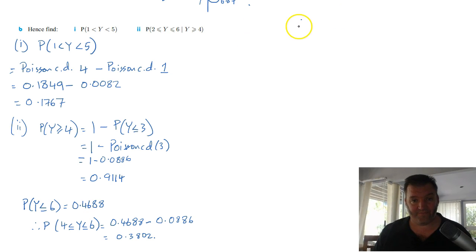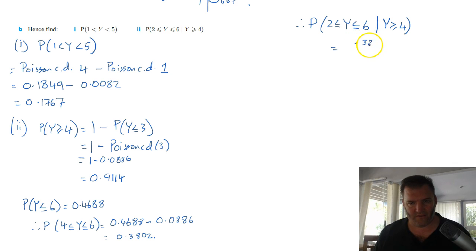We can do our conditional probability finally. So therefore, the probability that y is between 2 and 6 inclusive, given that I know y is greater than or equal to 4, is going to be equal to the chance of this happening and that happening at the same time. So 0.3802, that's what fraction of this is also greater than or equal to 4, dividing by all of the numbers greater than or equal to 4, which is 0.9114.